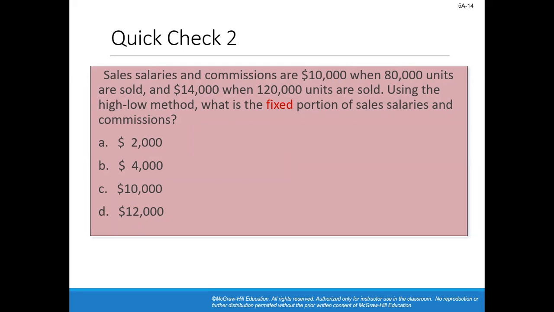Very straightforward. 0.1 multiplied by, if I take the high point, 120,000, it will be 12,000. If we subtract the 12,000 from the 14,000 total cost, it will be 2,000. So I see that you have solved it correctly. It is 2,000, right?